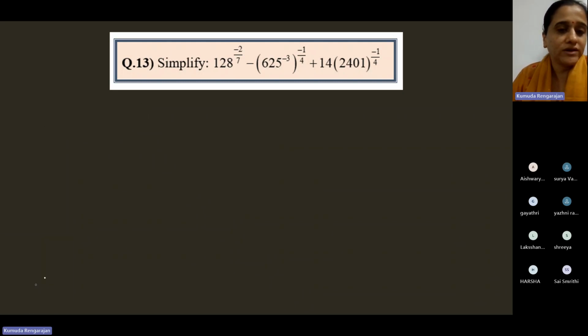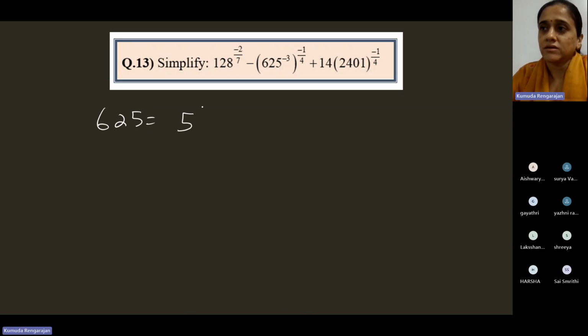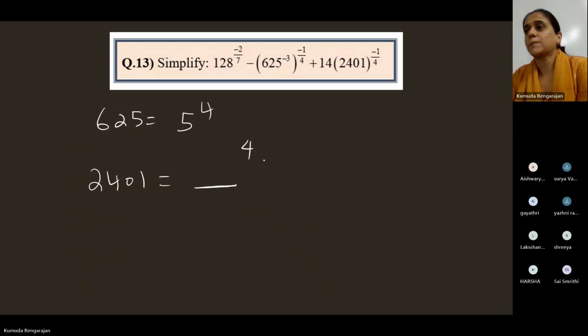And what's 625 in base 5? 5 to the power 4. And 2401 is what to the power 4? 7. Yes, 7 to the power 4.